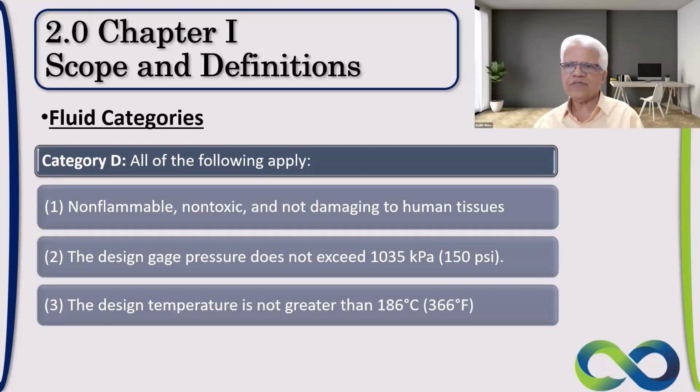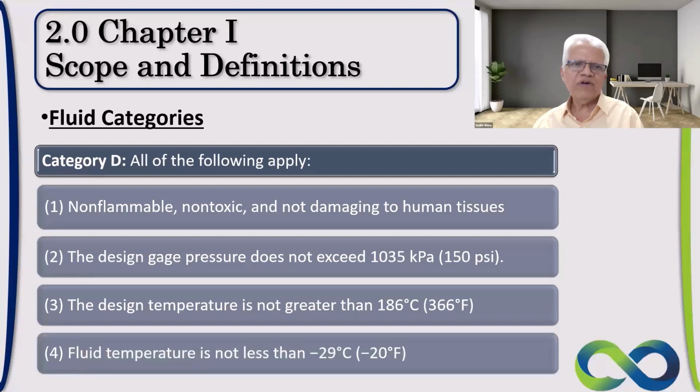And lastly, fluid temperature is not less than the stated minimum, so anything cryogenic is also not covered under this. So a Category D fluid is the one which satisfies all these four requirements.